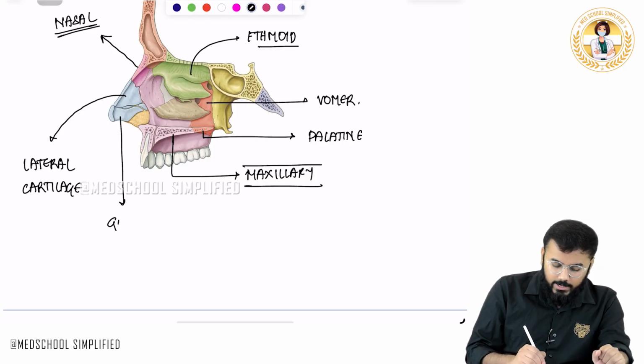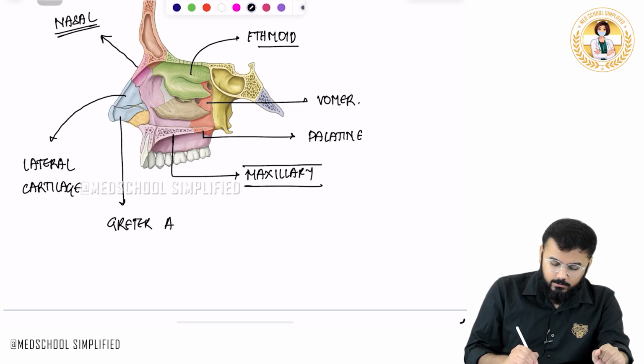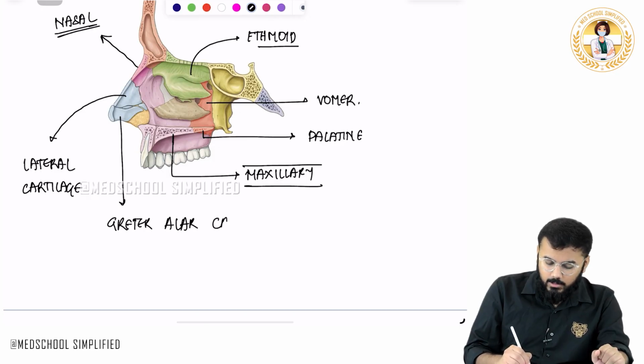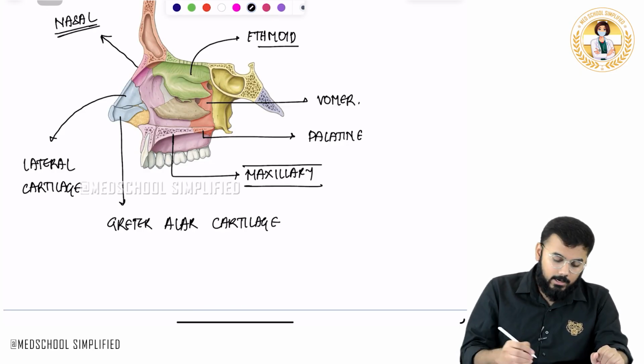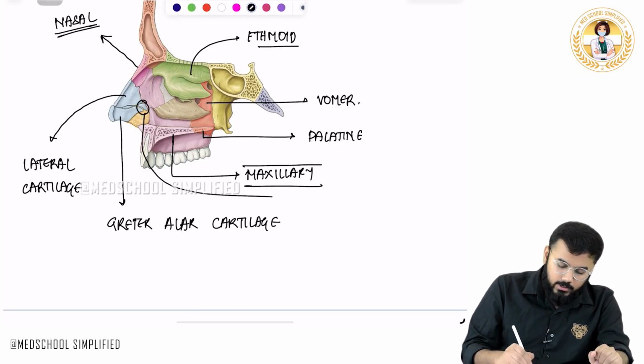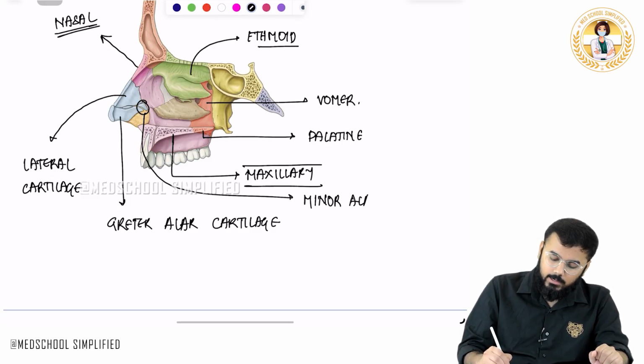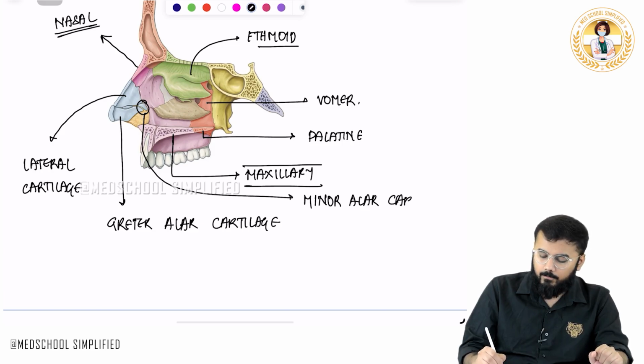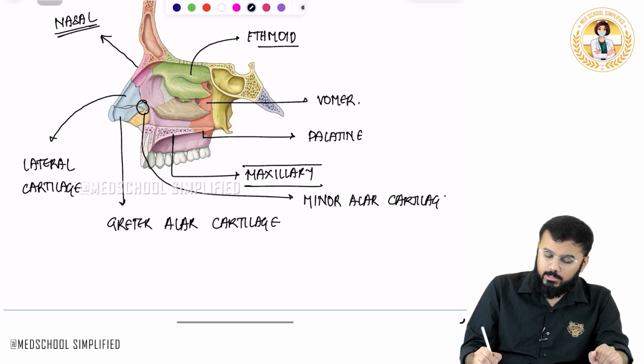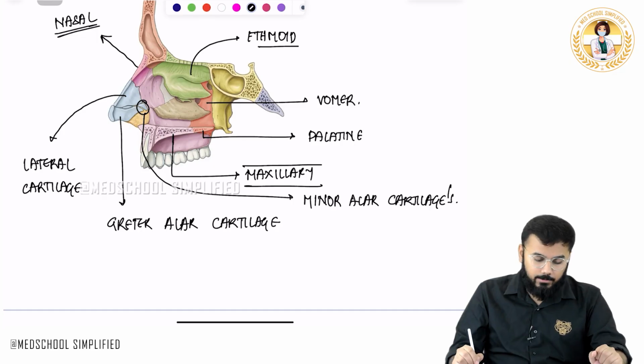This is called your greater alar cartilage. After the greater alar cartilage, you see these small cartilages. These are called multiple minor alar cartilages, because they are multiple.